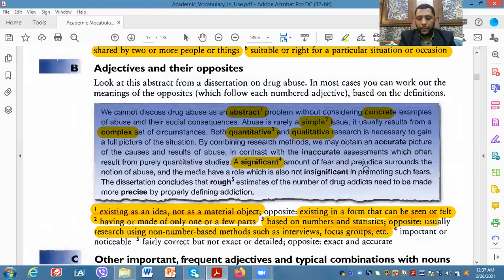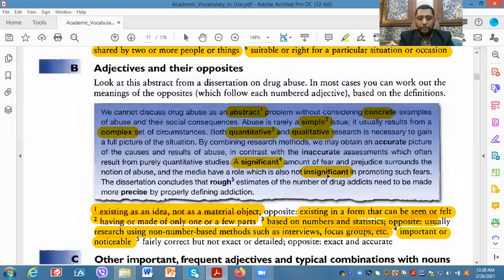A significant amount of fear and prejudice surrounds the notion of abuse, and the media have a role which is also not insignificant in promoting such fears. Significant, which is number 4, means important or noticeable. Something which is significant is something important or noticeable.